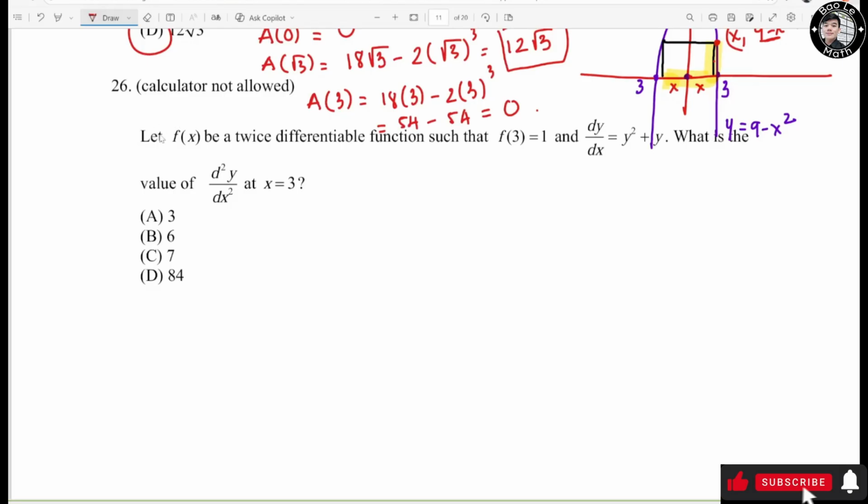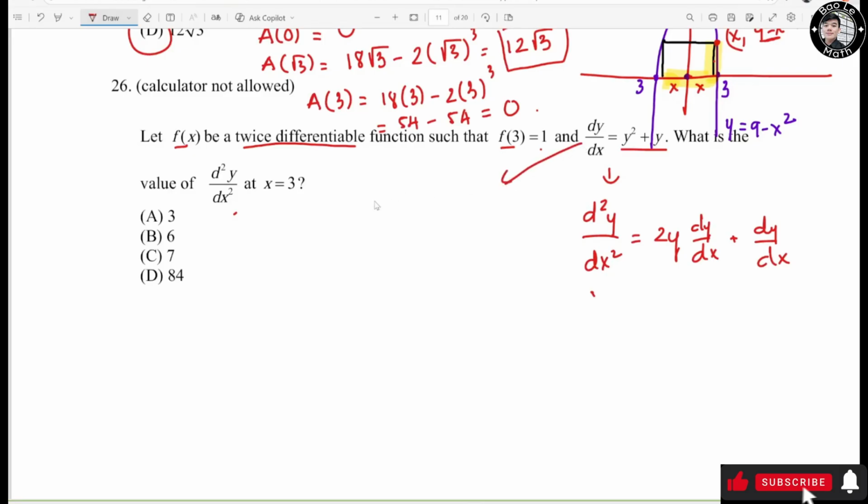Now let's move on to question 26. Let f be a twice differentiable function such that f of 3 equals 1, dy over dx equals y squared plus y. What is the value of this guy? So we need to take the second derivative of this one. So we have d squared y over dx squared equals 2y dy over dx plus dy over dx. Now we need to calculate dy over dx first.